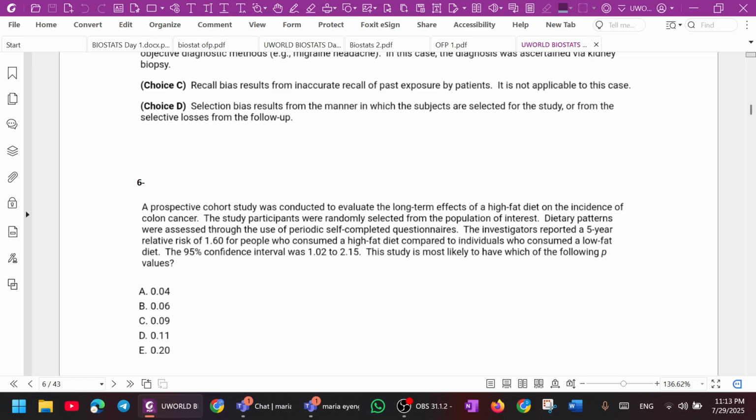So question A is the answer. Yes, because as the relative risk falls within the confidence interval, the p-value should be less than 0.05.